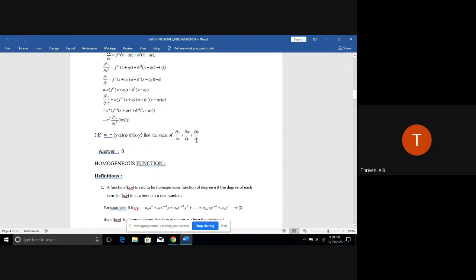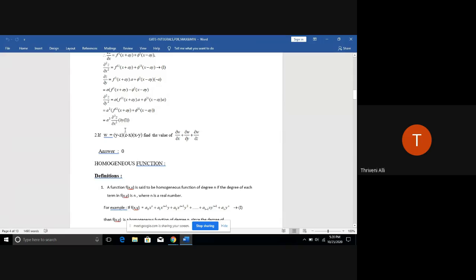So in a simple way, while doing partial derivative with respect to x, y and z terms are constants. So in this w function, we treat y minus z as a constant, and we have to differentiate with respect to x only.